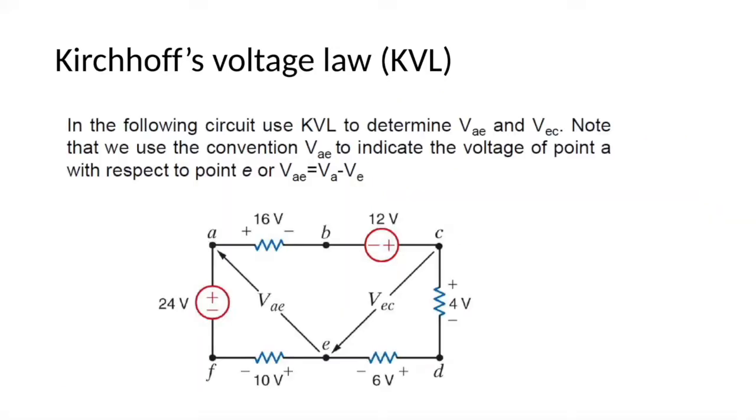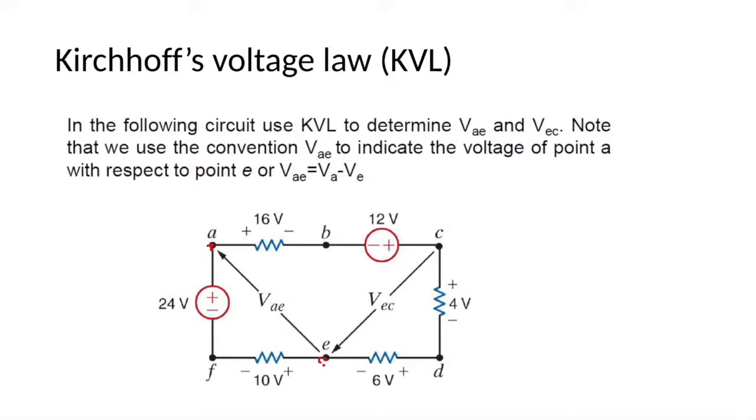Also, when we apply KVL, two nodes do not need to be physically connected by wire. In this example, node A and node E are not connected with each other, but we can still apply KVL to calculate the voltage VAE.